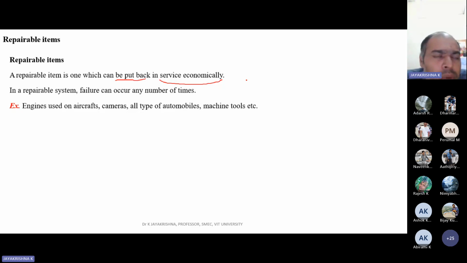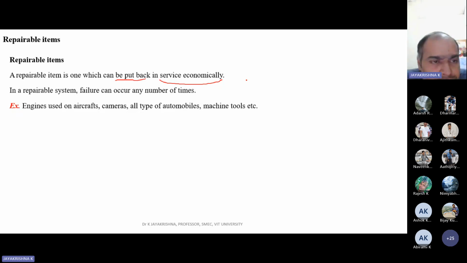So whenever you are able to repair an item and put the product back to its original state, and if that is economical, then we call it repairable items. So if you're able to repair a product or an item, and put it back into its original state of function, and if that process is more economical than buying a new product, then that is called repairable items.